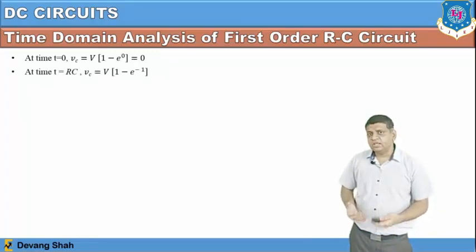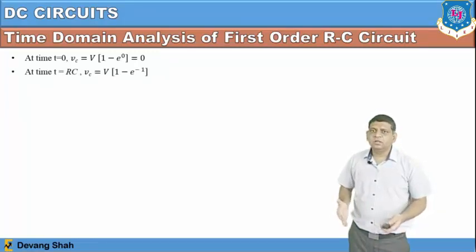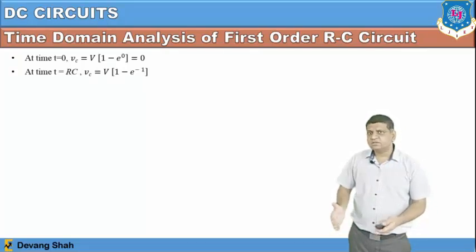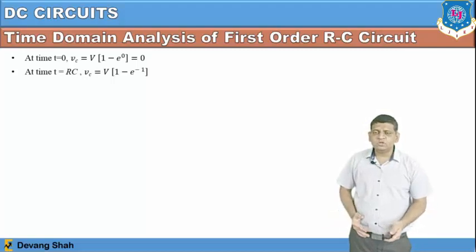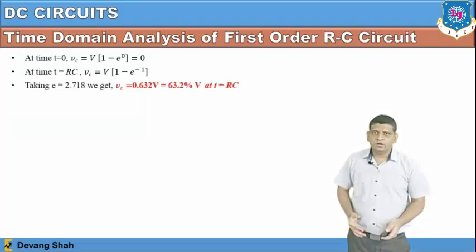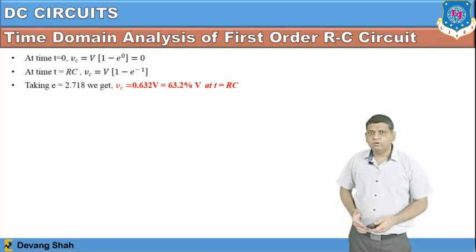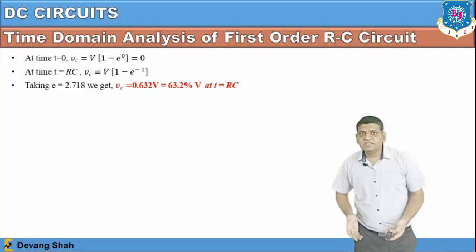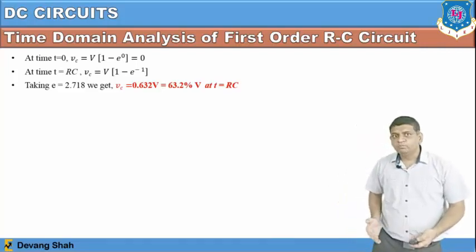In the same way, if you take t is equal to RC, which is nothing but the multiplication of the values of resistor and capacitor, in that case you'll find Vc is equal to V in bracket 1 minus e raised to minus 1. Once you take the typical value of e and solve the equation, you will find the voltage across the capacitor Vc is equal to 0.632 into V.